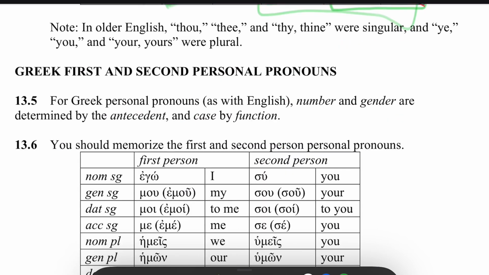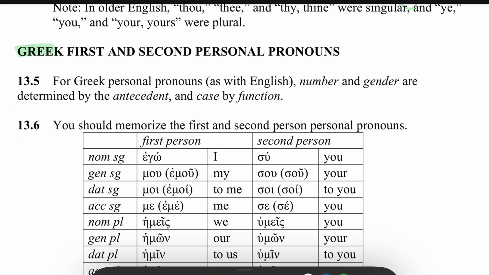So jumping now into the Greek first and second personal pronouns. For the Greek personal pronouns, just like English, the number, whether it's singular or plural, and the gender is going to be determined by the antecedent, being the previous noun in the sentence.